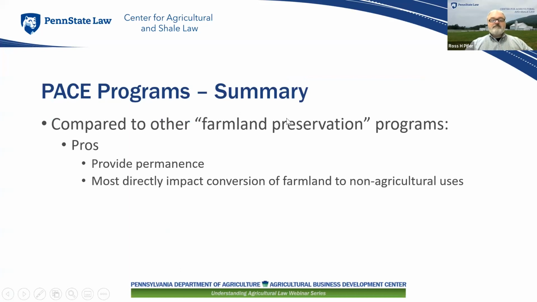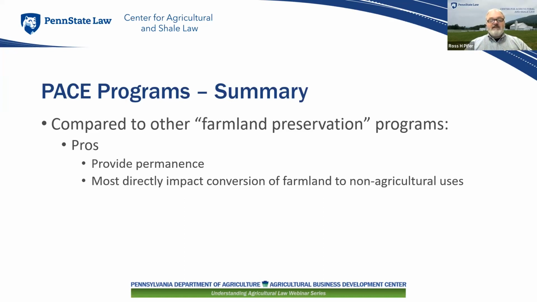Okay, so as a wrap up, let's compare these purchase of agricultural conservation easement programs to the other farmland preservation programs, like in Pennsylvania, Clean and Green, or the Agricultural Area Security Law. One of the benefits of conservation easements in comparison to the others is that this is permanent.